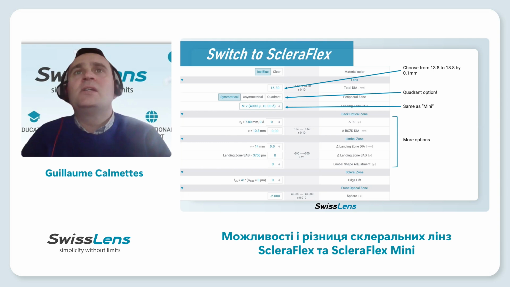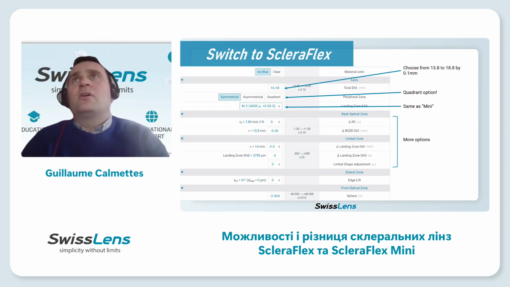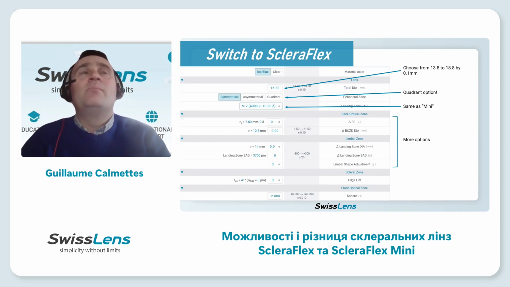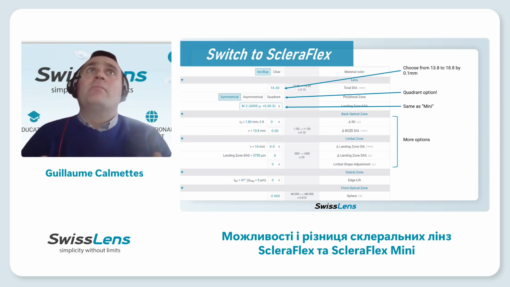We make the calculation to keep the same sag in the central part, and we make all the calculations so you can open or enlarge your lens. If you need it smaller, you don't need to change anything. You just need to make it smaller, and we make the calculation automatically to have exactly the same landing zone sag.